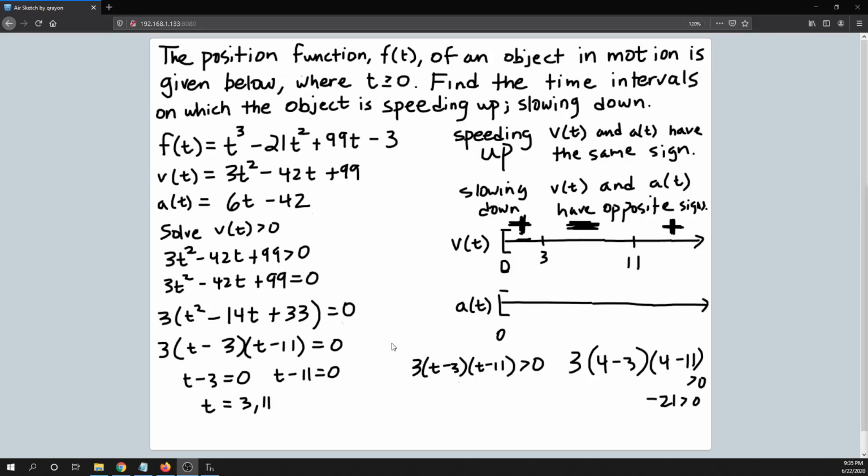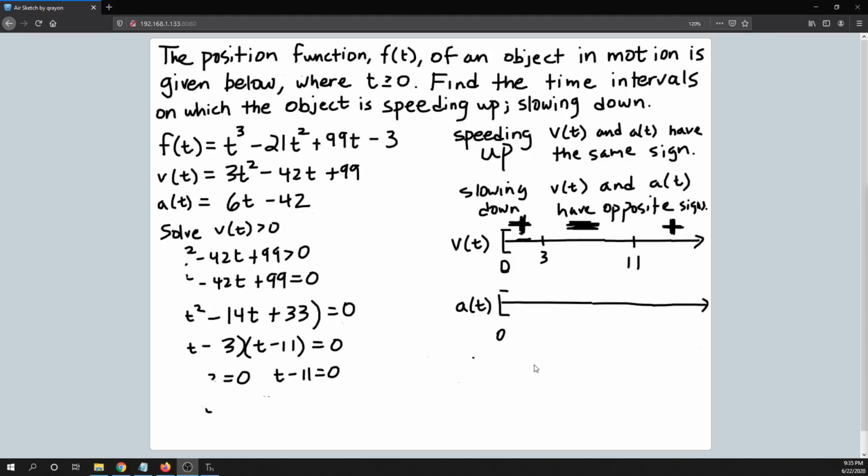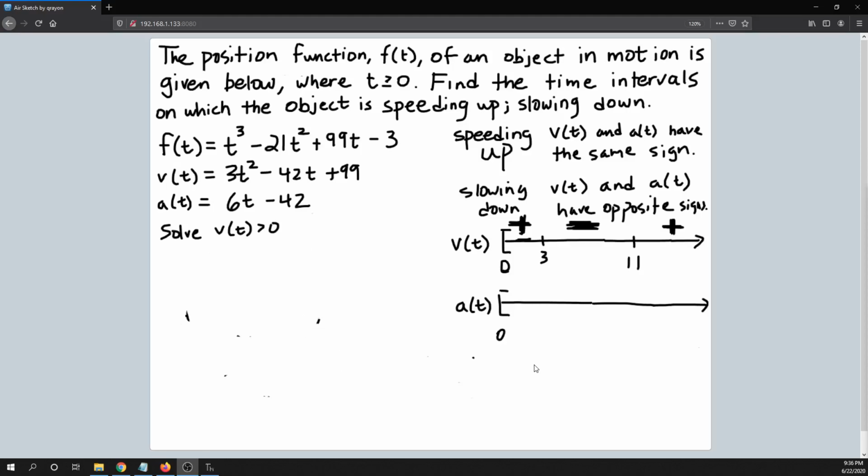All right. So there's my sign diagram for the velocity. I need to also now make a sign diagram for the acceleration function. So I'm going to erase this stuff here. All right, and now basically we need to do the same thing that we did for the velocity function.